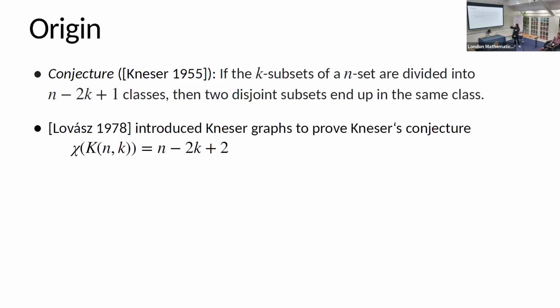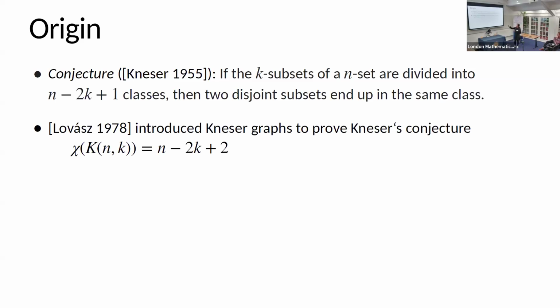And you can change that set theoretic language into graph theoretic language also. Lovász did exactly that in 1978. He introduced these Kneser graphs, where he put those k-subsets as the vertices of a graph and you put an edge between two vertices when the sets are disjoint. Those classes then correspond to the number of colors you would need to properly color the Kneser graph.